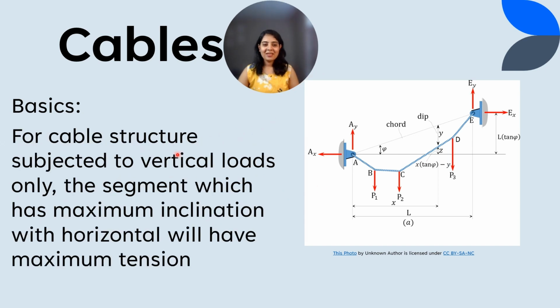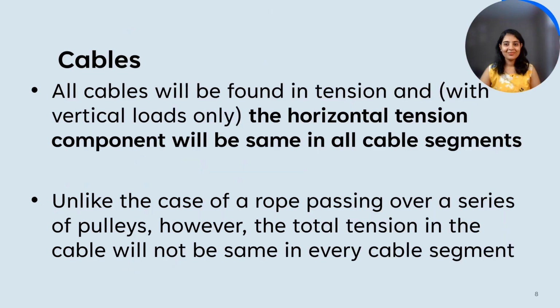For cable structure subjected to vertical loads only, the segment which has maximum inclination with horizontal will have maximum tension. We have already seen that all cables will be found in tension, and with vertical loads only, the horizontal tension component will be same in all cable segments.